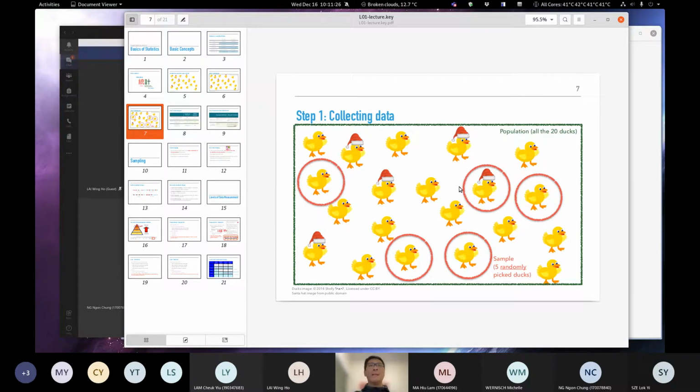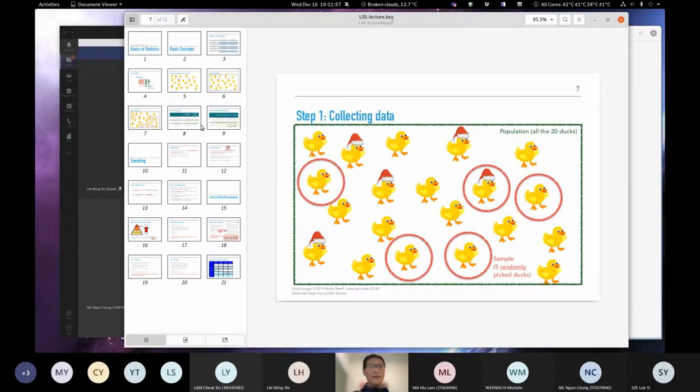But the 5 ducks form the sample of our study. So when we pick the 5 ducks, it means that we are ignoring all the other 15 ducks in our population. But yet we try to draw conclusions about all the 20 ducks by using the data from these 5 ducks only. So in this sense, you are losing a lot of information about the population.